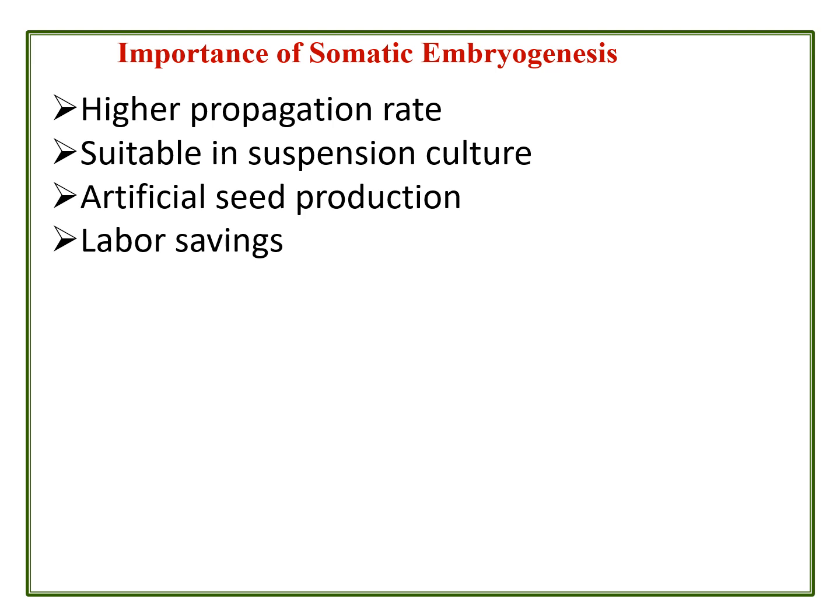In this way, somatic embryogenesis gives a good platform for pilot-scale production of artificial seeds. Labor savings: every time, a skilled or trained assistant is required to produce the somatic embryos.